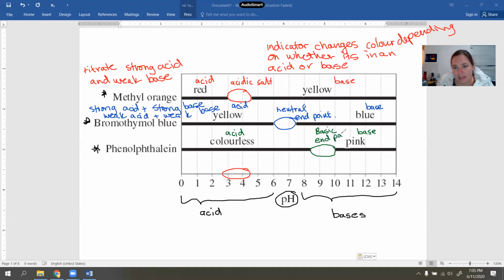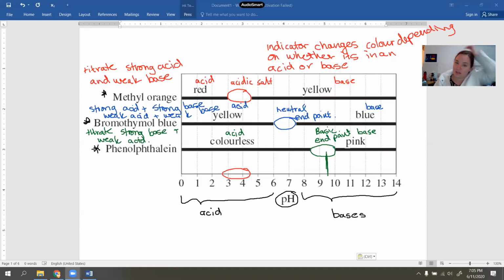So it changes color when it's slightly more in the basic range, which is why you will always use it when you titrate a strong base and a weak acid.